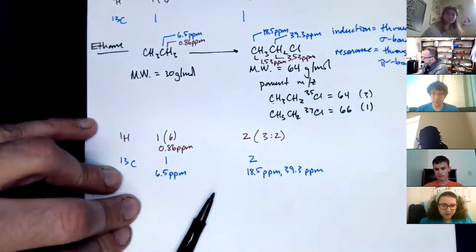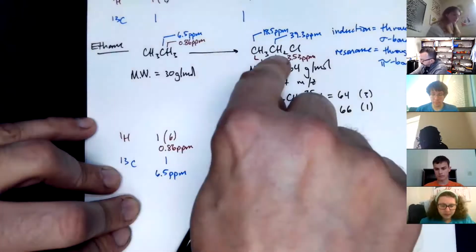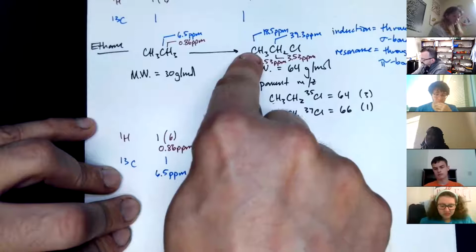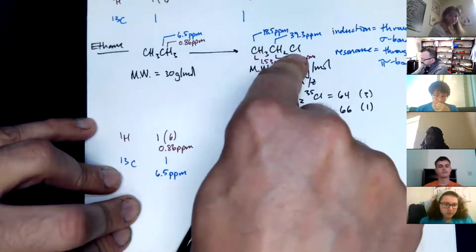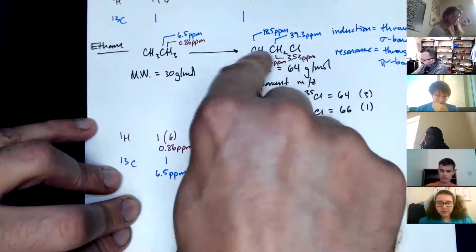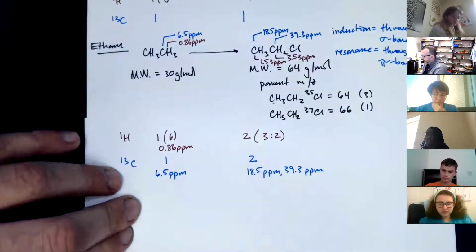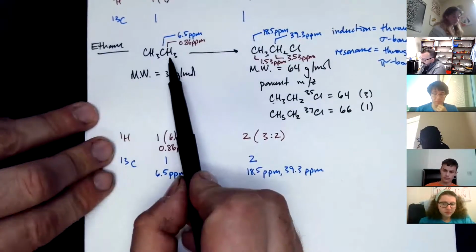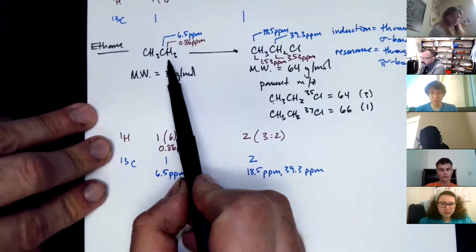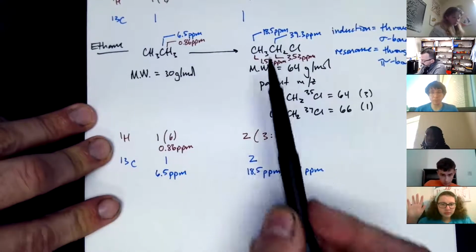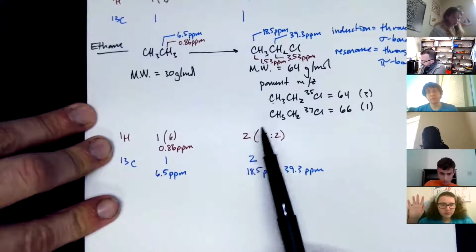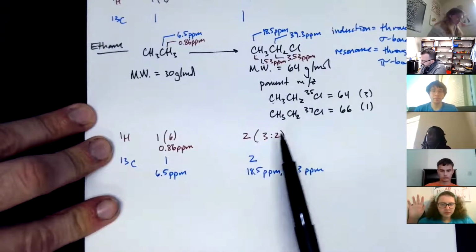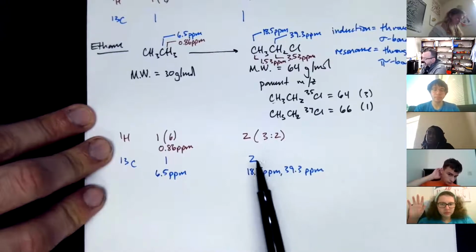So those two things explain quite a bit. But the reason that you don't see a big shift on this one is because it's further away from the halogen. But the reason it does shift is through induction. So notice now when we did that substitution of H for chlorine, now we have 2 sets that integrate 3-to-2. That's the ratio. We end up with the 2 carbons as we've seen.